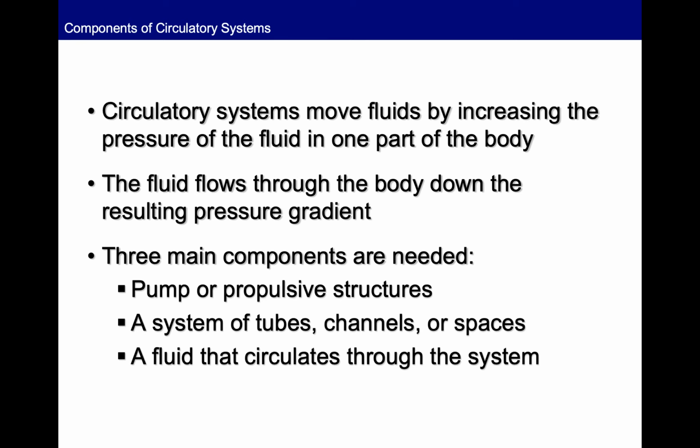So any kind of pump or propulsive system is required. A system of tubes is also required. We'll talk in just a minute about open and closed circulatory systems. And then finally, fluid. Fluid that circulates through the system is also important.